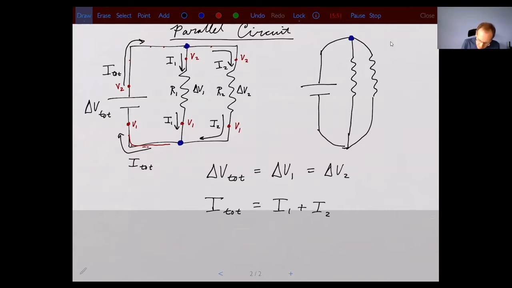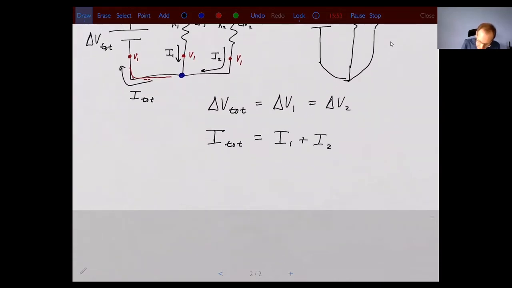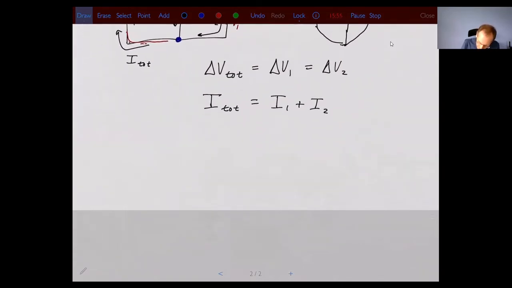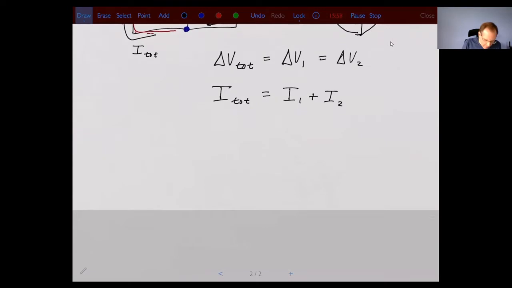Well, it turns out in parallel, this relationship holds. The fact that 1 over R total has to equal 1 over the first resistance plus 1 over the second resistance.